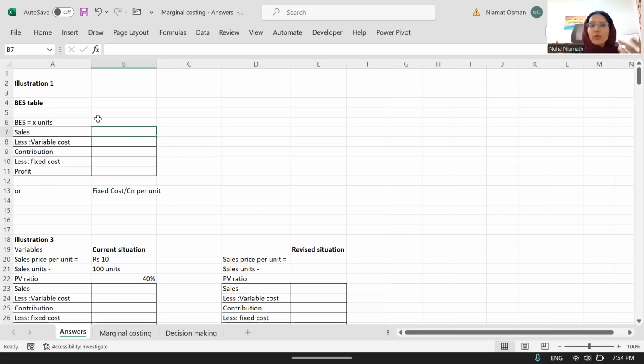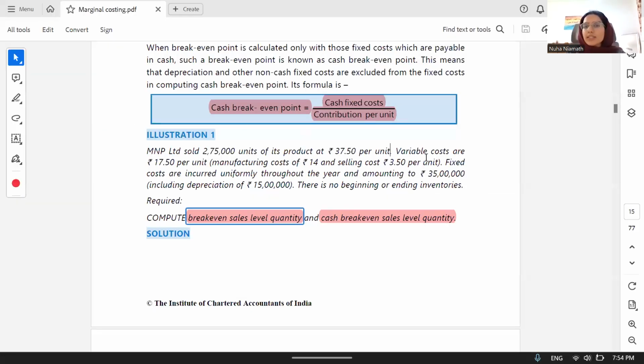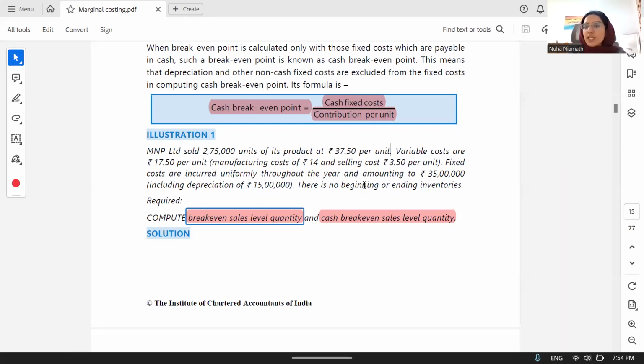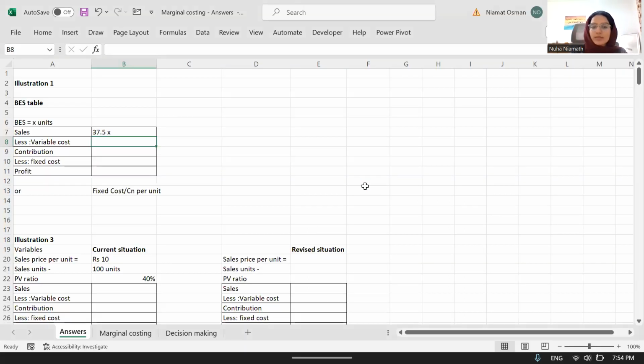Please understand what we're doing with the formulas. What is sales? Sales is 37.5 rupees, correct? So our break-even sales will be 37.5X. What will be our variable cost? 17.5X. X is our units. I'm not using a formula here; without formula, we are solving this question.